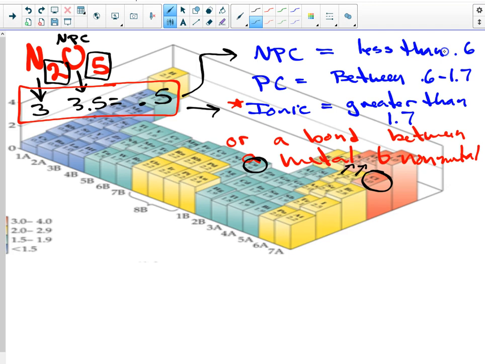Okay. Now, if you don't have those memorized, if you are asked a question about that, it would give you that range. But just for your information.